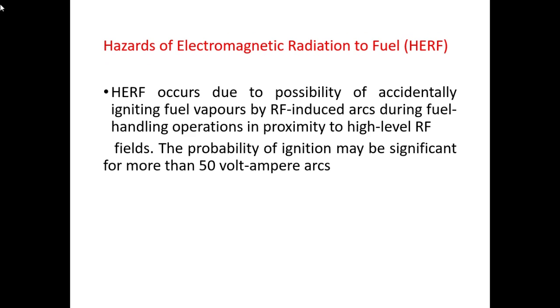The last one is the hazard of electromagnetic radiation to fuel. This is also the same. The radiation can accidentally ignite the fuel vapors, which can cause an explosion in fuel storing places such as petrol bunks, tanker lorries, or any storage buildings which have fuels accumulated.